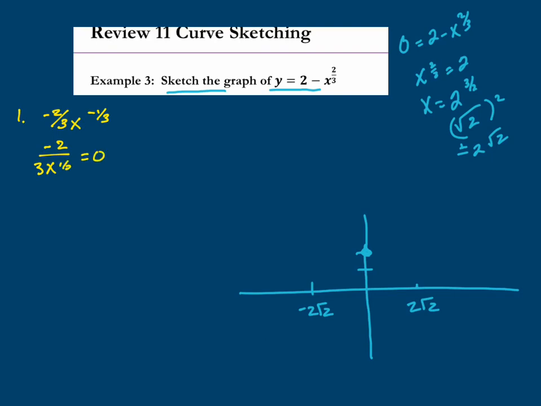That equals 0, so there's no value that makes the derivative equal 0. So no critical points. Do we have a place where the first derivative doesn't exist?